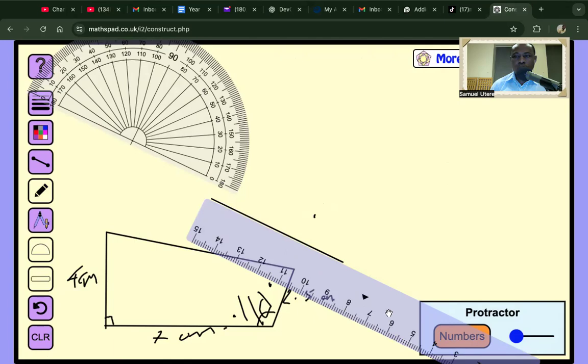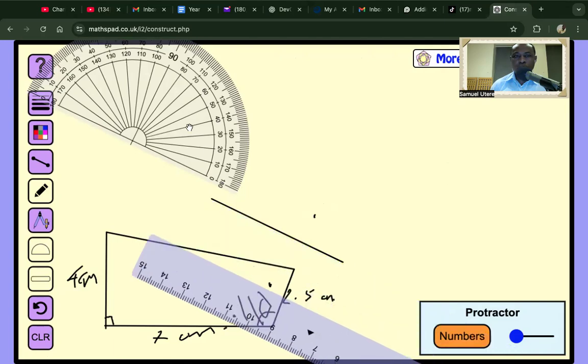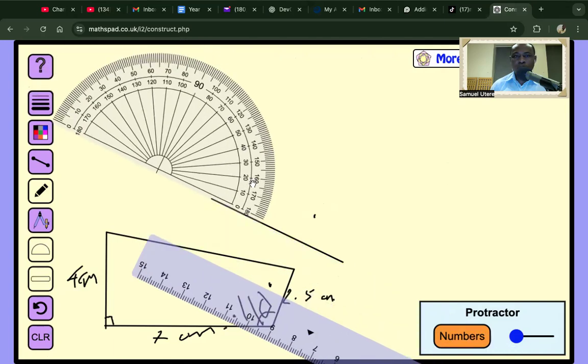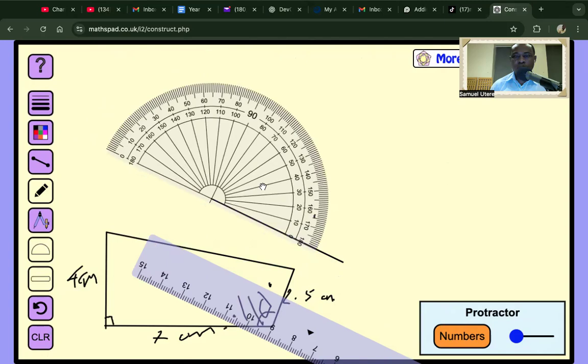All right. Next, we want to draw 95 degrees. So place the crosshair of your protractor to line up with the end of the line. And then you want 95 degrees. Put your mark there. Somewhere there.